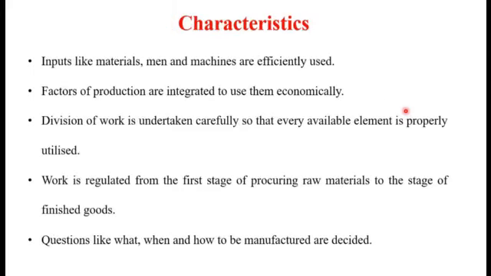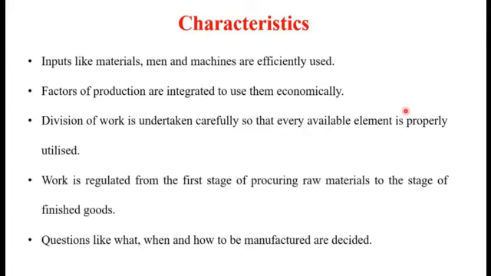Next one, characteristics. In production planning and control, PPC, inputs like material, men, and machines are efficiently used, and their allocation is again efficient. The factors of production are integrated to use them economically.